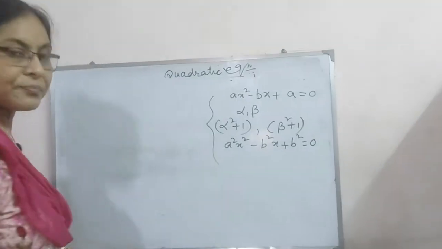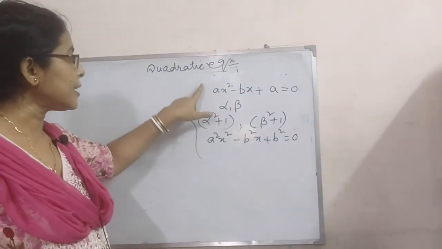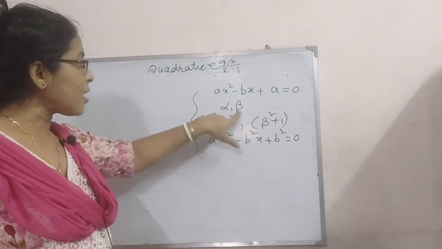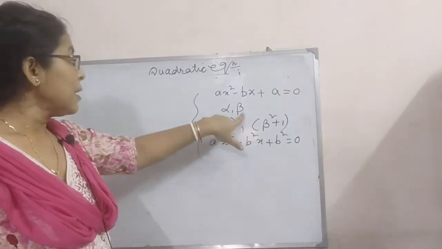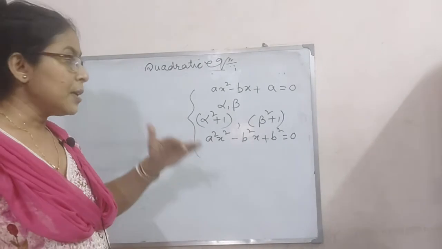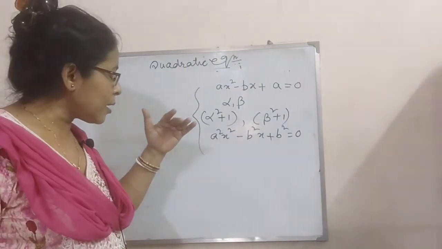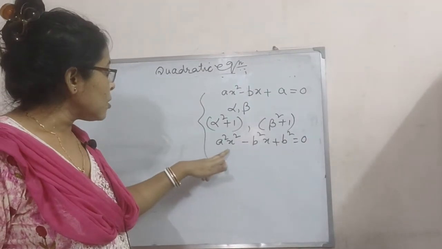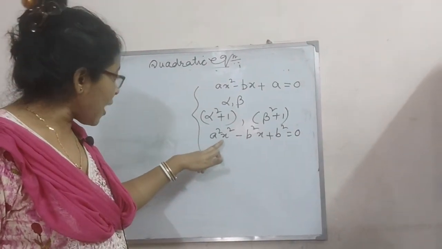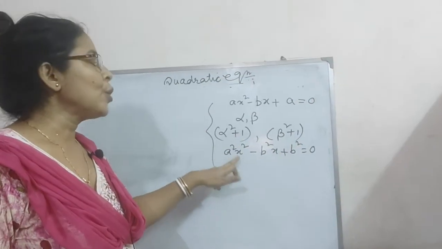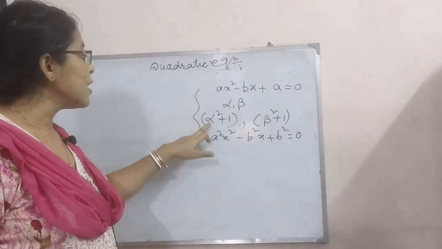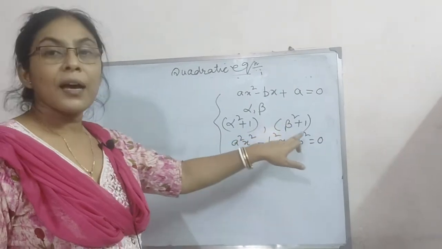That means it is given that it is a quadratic equation whose roots are alpha, beta. We have to find the quadratic equation whose roots are alpha square plus 1 and beta square plus 1.